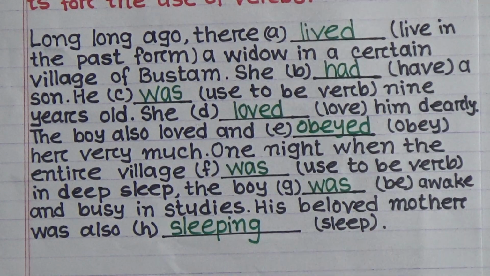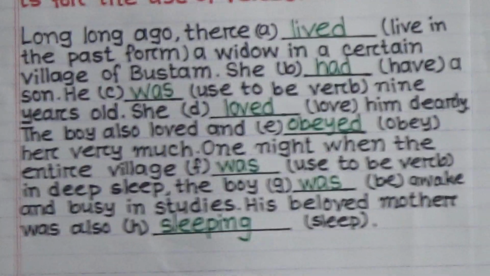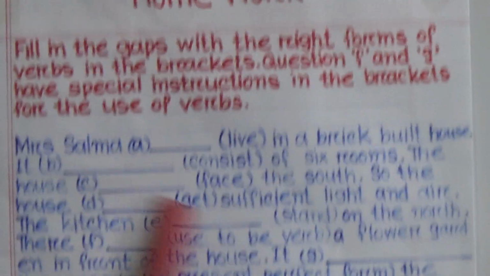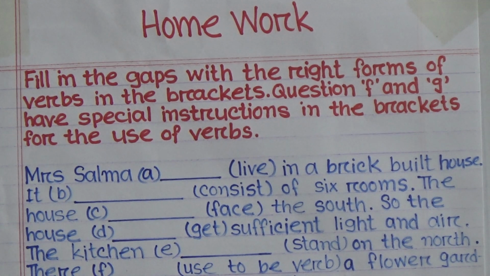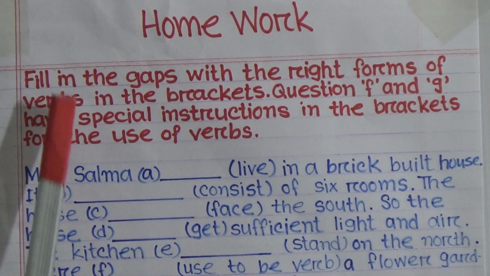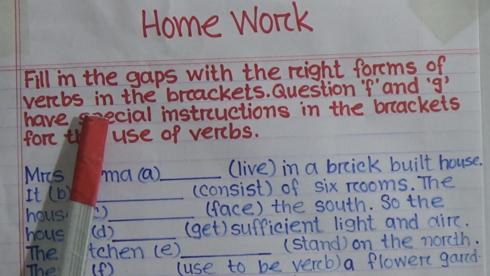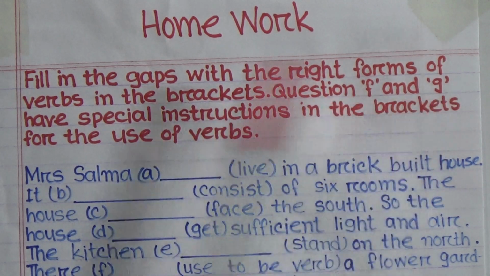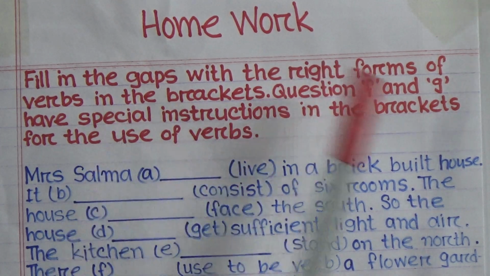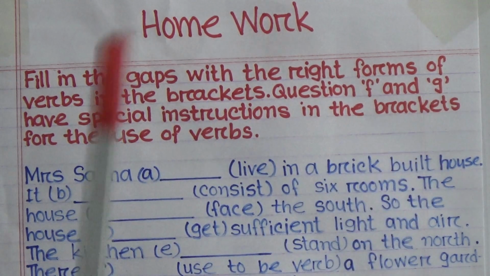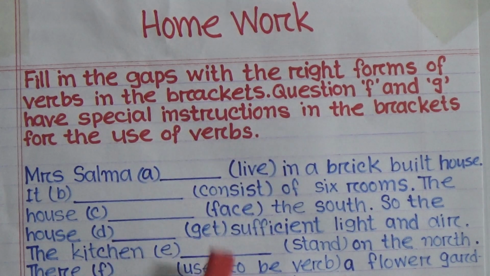Now look here, I have given another exercise on right form of verbs, with more gaps for you. Students, I hope you can see the whole portion of this fill in the blanks. So I'm reading for you. Fill in the gaps with the right forms of verbs in the brackets. Questions F and G have special instructions in the brackets for the use of verbs. So look, in F, use to be verb.